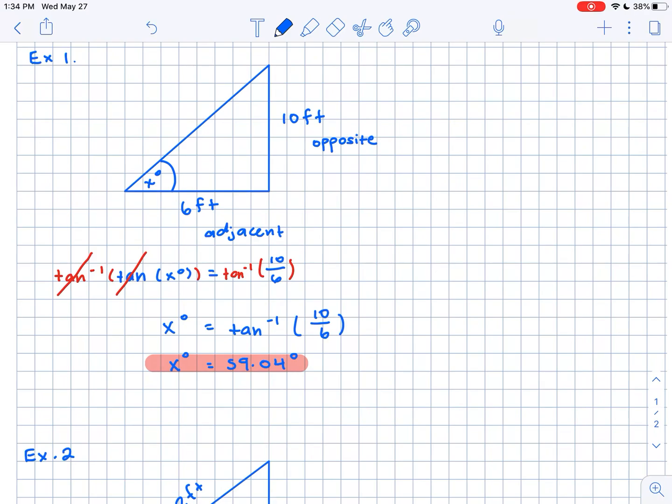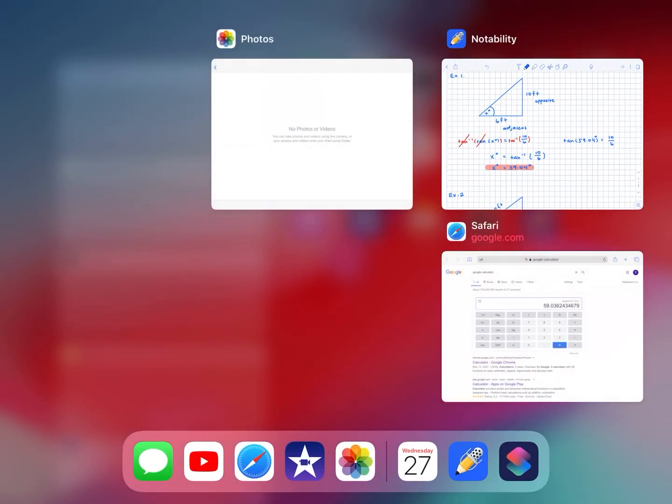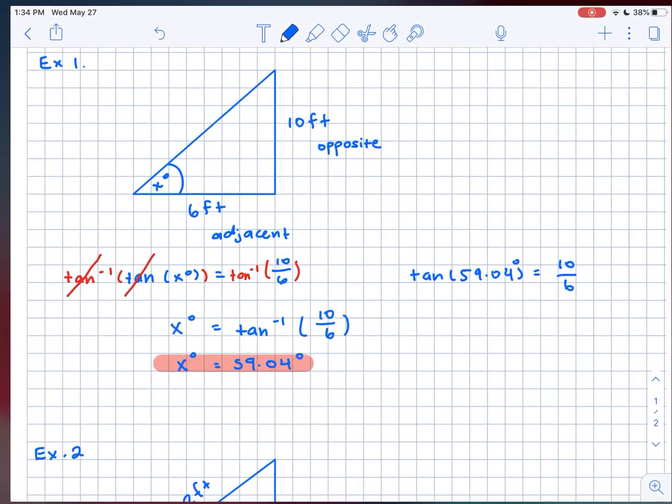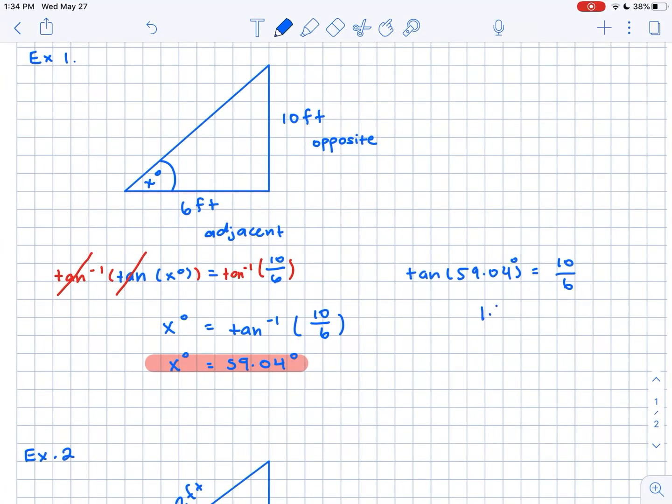Now, how do we know this worked? Let's plug it in. Tangent of 59.04 should equal 10 divided by 6. So tangent of 59.04 is 1.67.